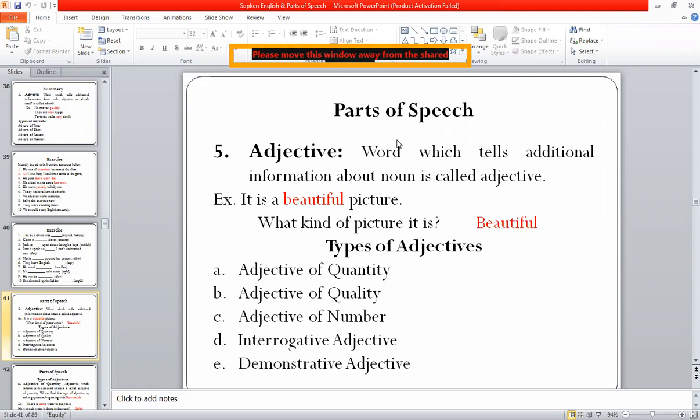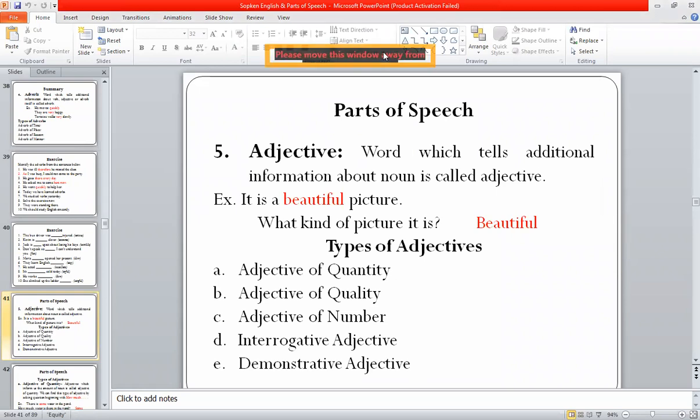So let's see its examples. First example: it is a beautiful picture. If we ask the question starting with what kind of picture is it, the answer is beautiful. So beautiful is giving additional information about the picture.